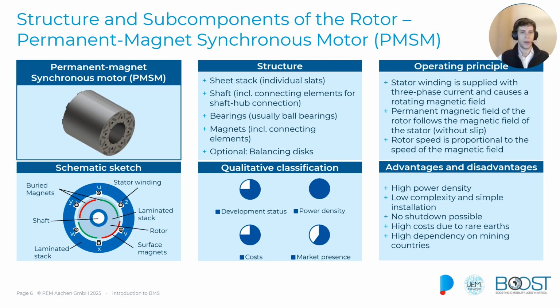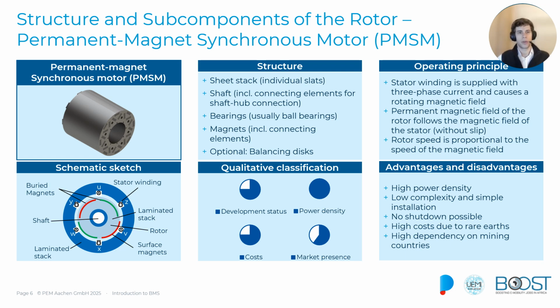A short recap of Module 1 and possibly a few additions to the permanent magnet synchronous machine. We use permanent magnets in the rotor, which give this type of electrical machine its name and keep the magnetic field of the rotor permanently excited.